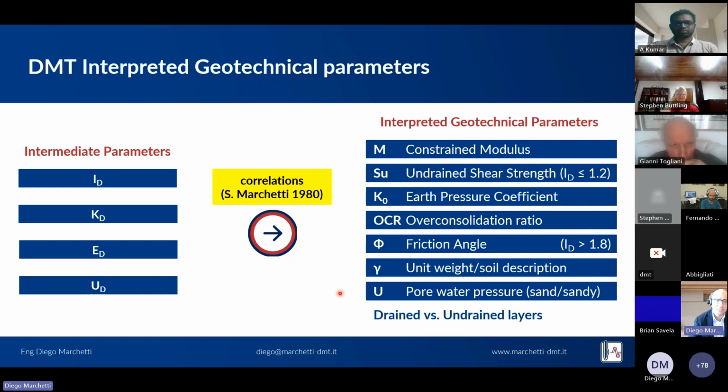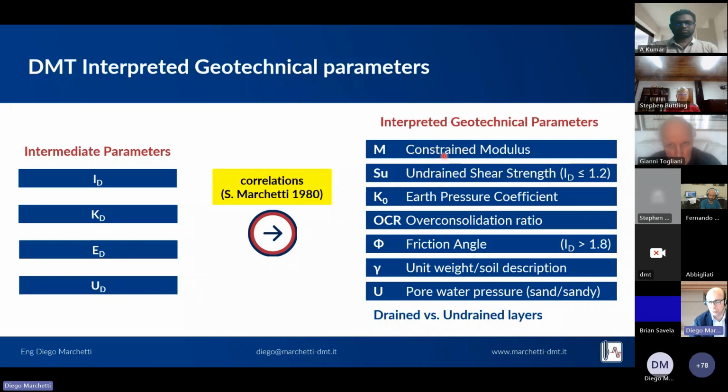The correlations come into play when from these intermediate parameters, each of which has a specific meaning in terms of soil behavior, and we will see this in the next slides, then Professor Marchetti provided the correlations to the standard or close to standard geotechnical parameters, in particular the ones you see here.